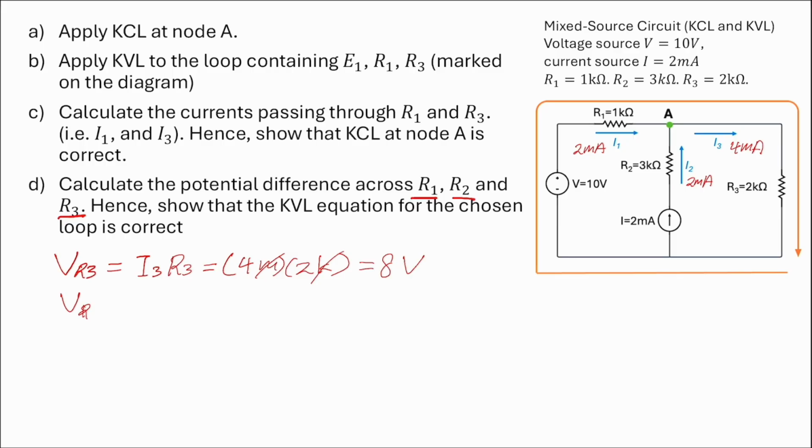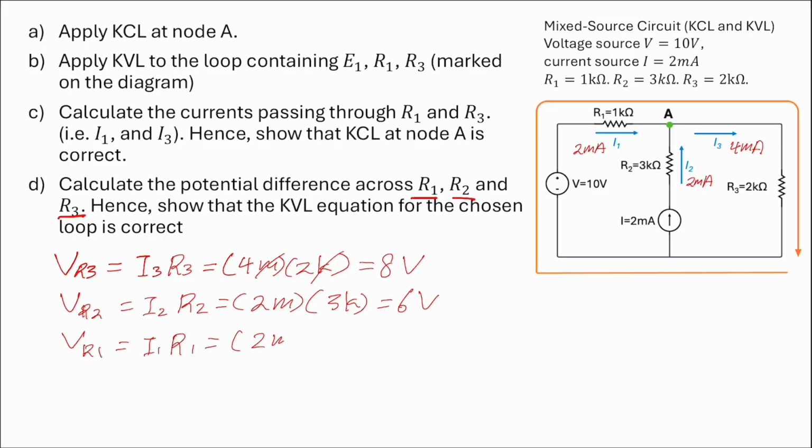V R2 is I2 times R2, and this is 2m times 3k, and it becomes 6 volt. V R1 is I1 times R1, and this is 2m times 1K, and this is 2 volt.